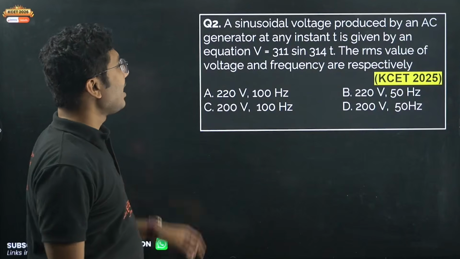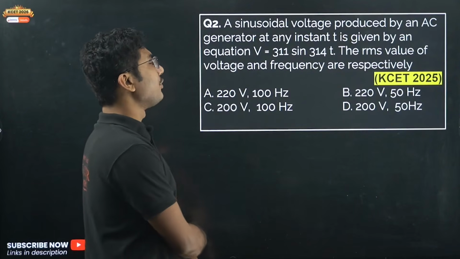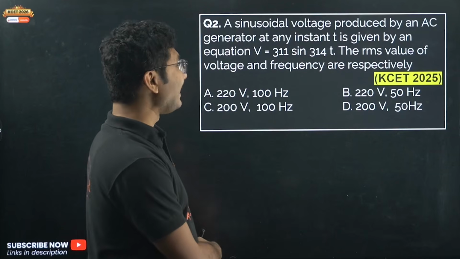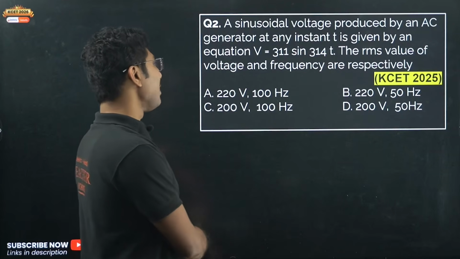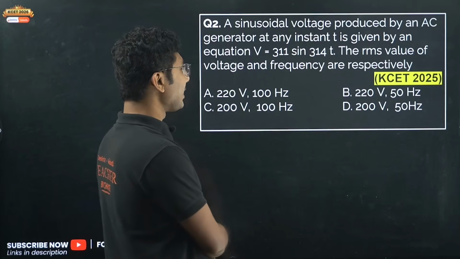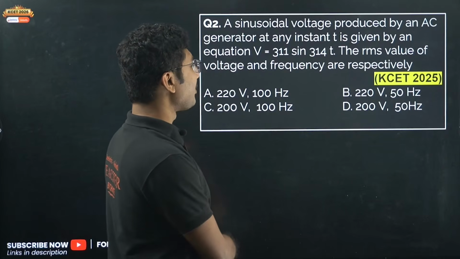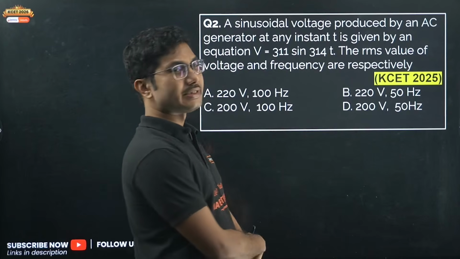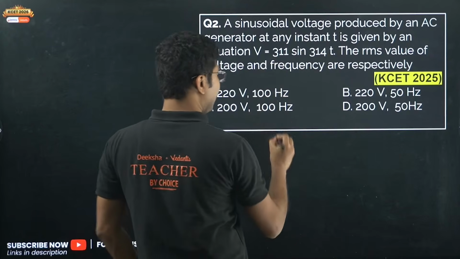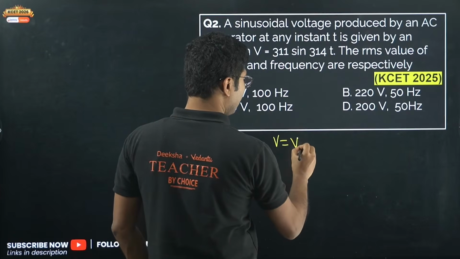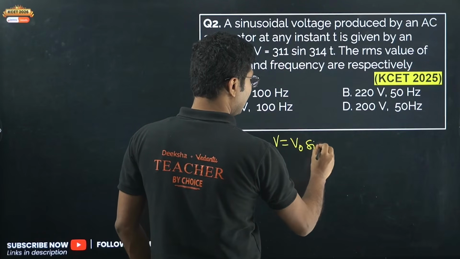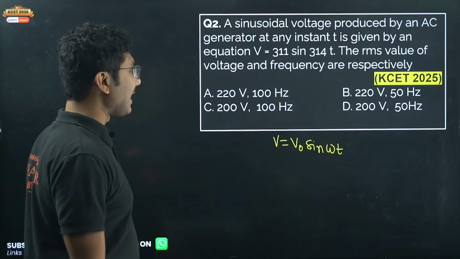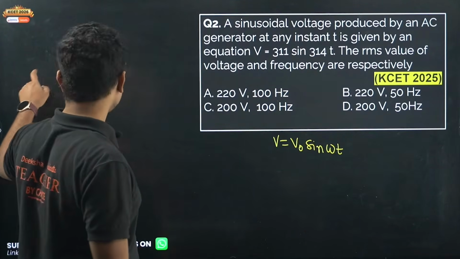Next question. A sinusoidal voltage produced by an AC generator at any instant t is given by an equation V is equal to 311 sin 314t. The RMS value of the voltage and the frequency, respectively. So V is given by V0 sin omega t.